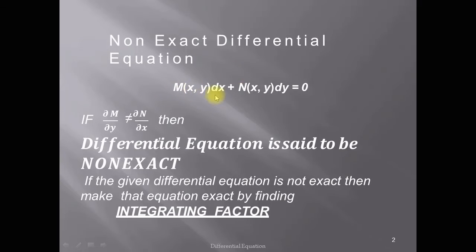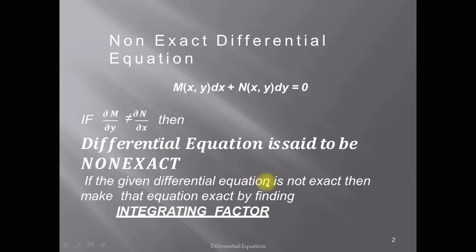This differential equation will be non-exact if partial M by partial y does not equal partial N by partial x. M is the coefficient of dx, and N is the coefficient of dy. So if the partial derivative of M with respect to y does not equal the partial derivative of N with respect to x, then this differential equation will be non-exact.